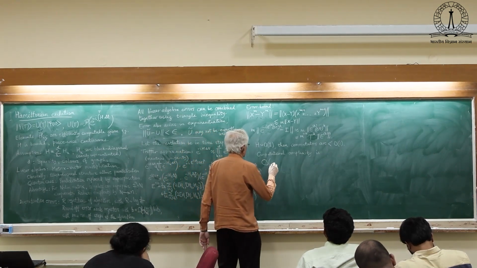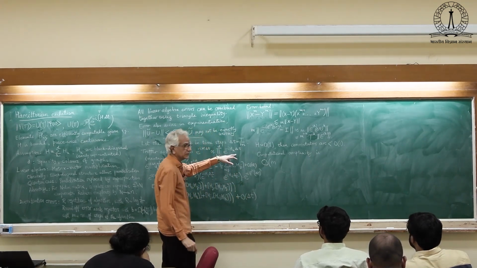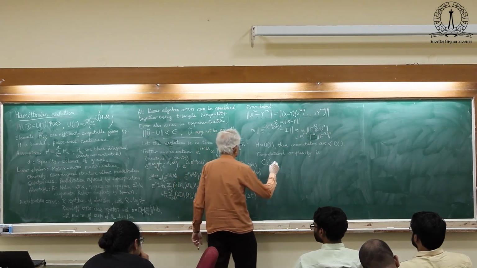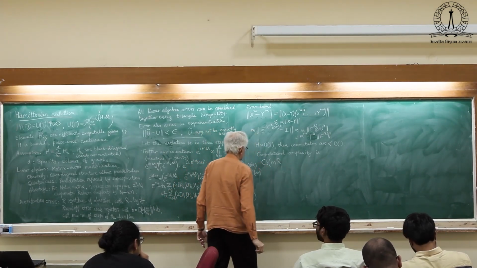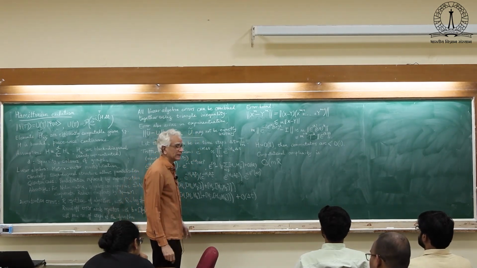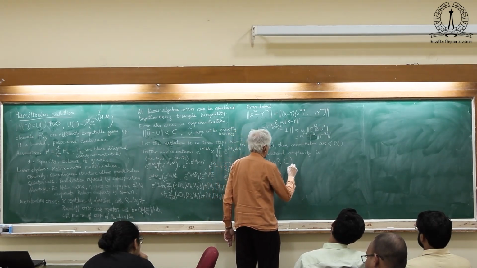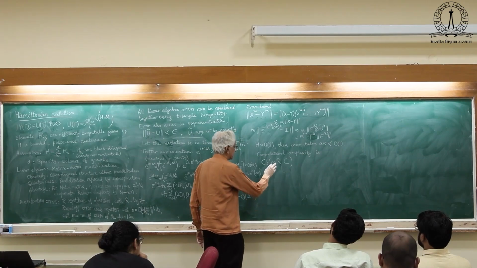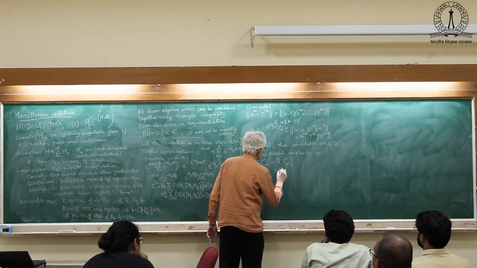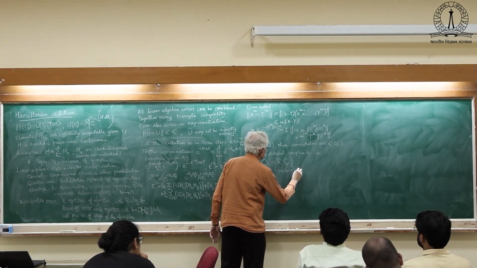One of them is the number of steps which you have to take. Then the other was the number of repetitions. I have to run the algorithm many times to get the error. And the third part I will just call a single step work. So this is matrix vector multiplication.